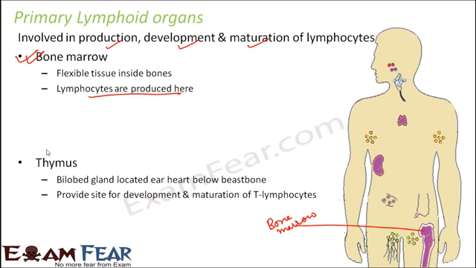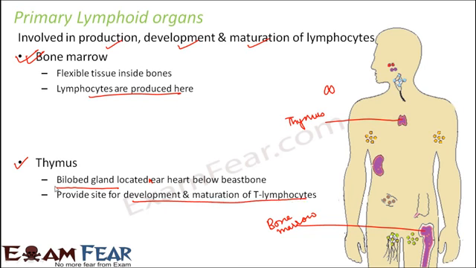Next is the thymus. Where is the thymus? It is a bilobed gland located near the heart, just below the breastbone. Here you can clearly see in the picture how it is a bilobed structure, with two lobes like this and like this. This is the site for development and maturation of the lymphocytes.